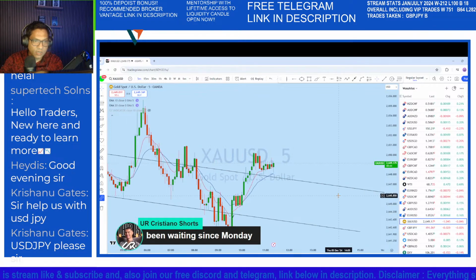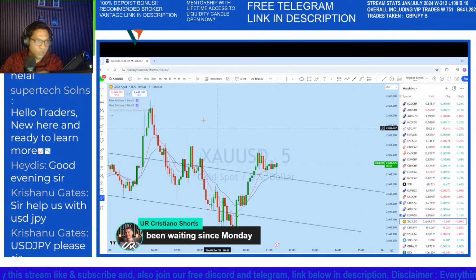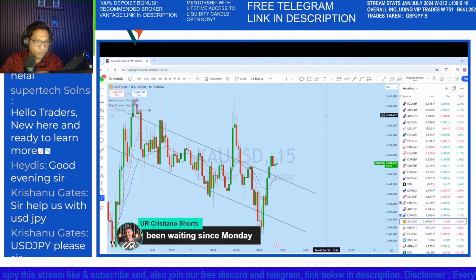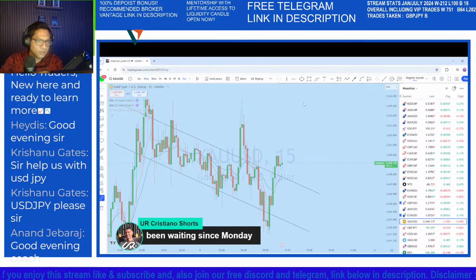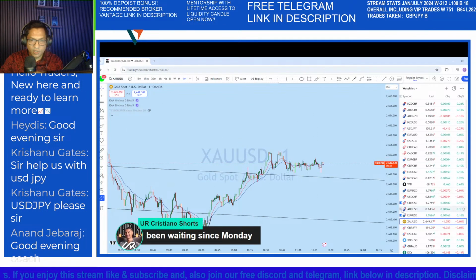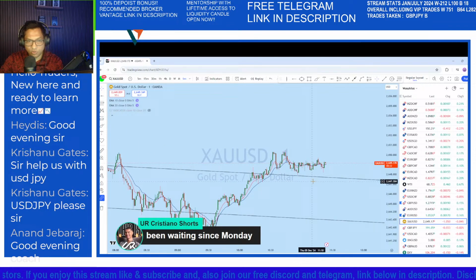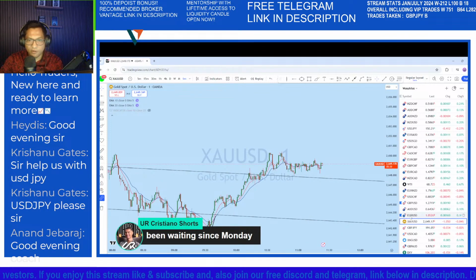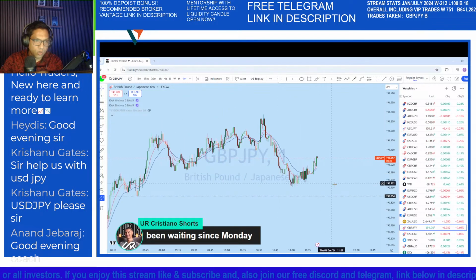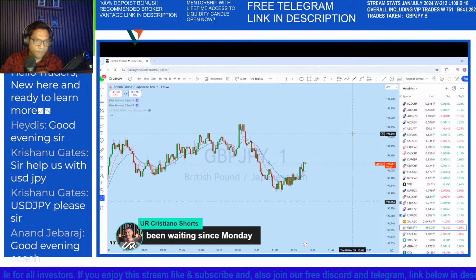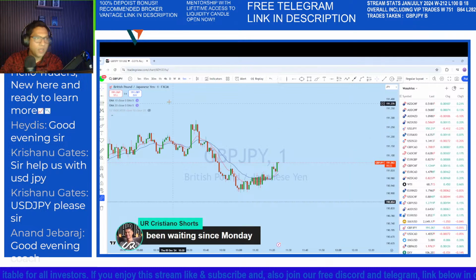We can see XAUUSD as well trying to create a local bullish structure, sideways as well on the 1 minute, but slowly trying to bounce here. And if we look at GBPJPY, this one is also trying to form a bullish structure.